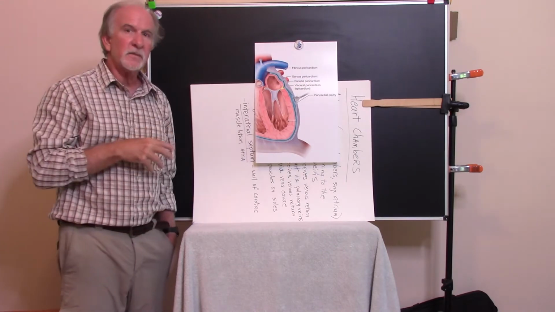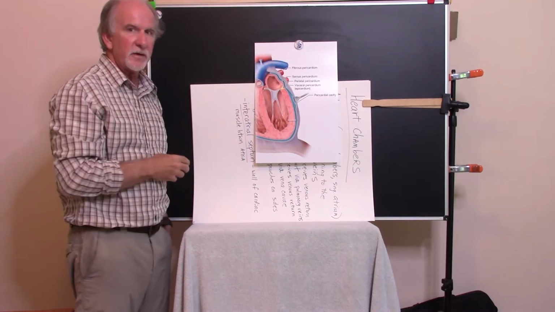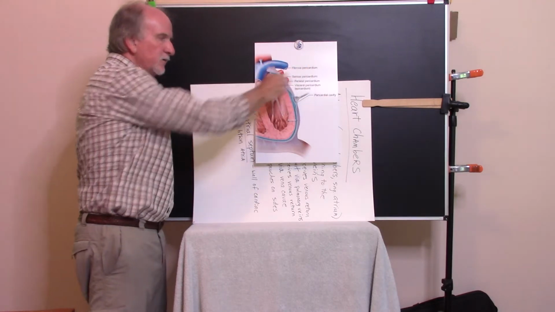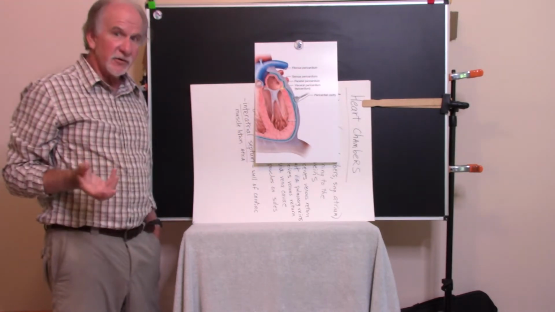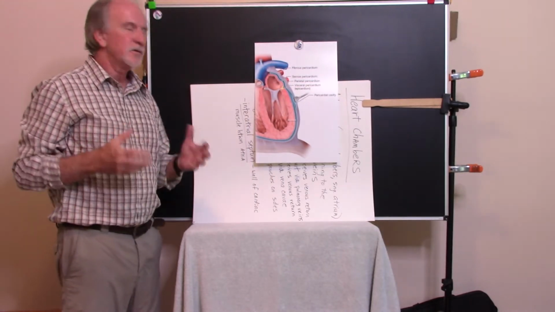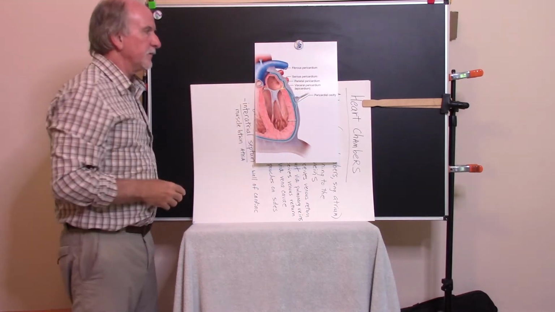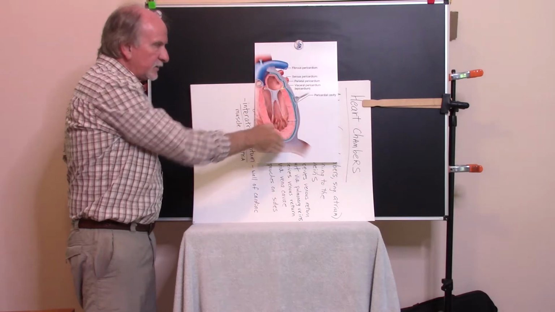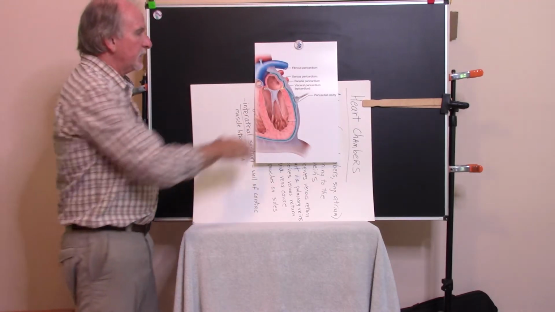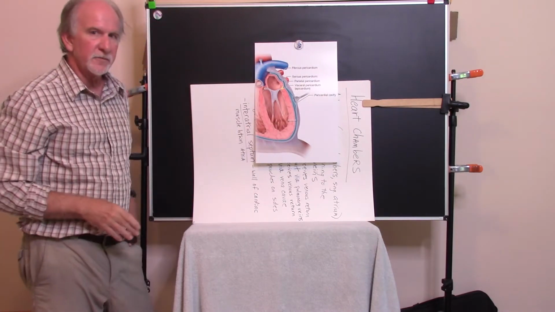So the pericardium is a double-walled sac consisting of an outer fibrous pericardium and an inner serous pericardium. The serous pericardium, in turn, is divided into two layers, the parietal layer and the visceral layer. The parietal layer is just underneath the fibrous pericardium, and the visceral layer is on the surface of the heart.